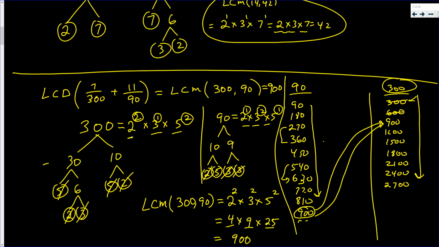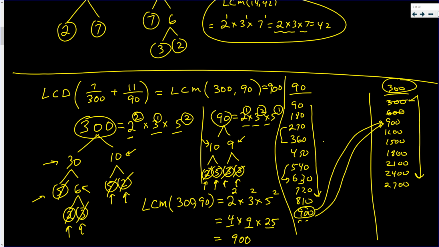With the factor trees, the numbers keep getting smaller. Okay, 30 and 10, much smaller than 300. 9 and 10, smaller than 90. The numbers below get even smaller.